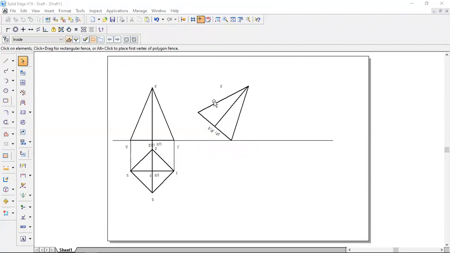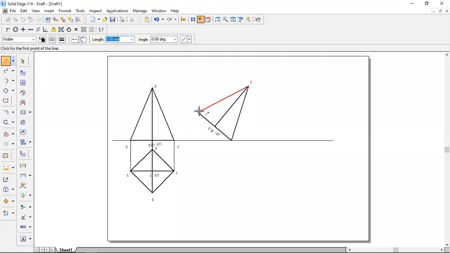Okay. So then I have moved like this. Clear? Right. So now by drawing from each corner, you need to obtain the top view.